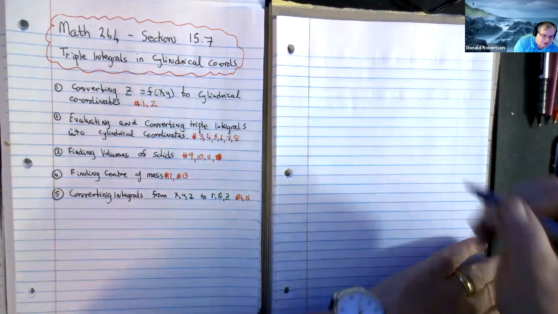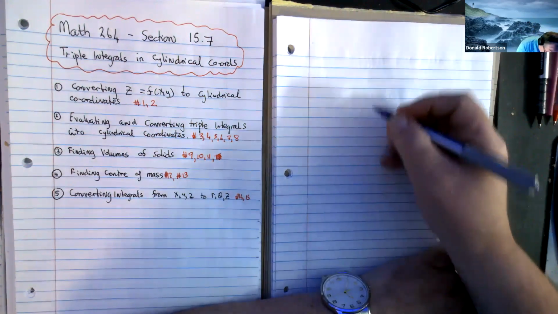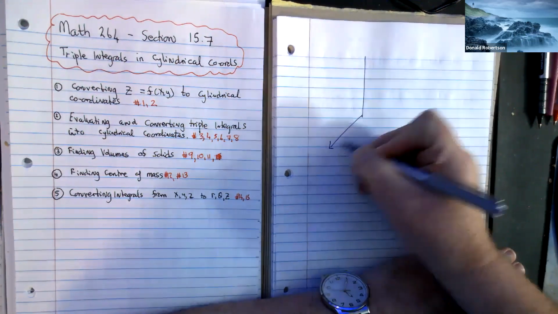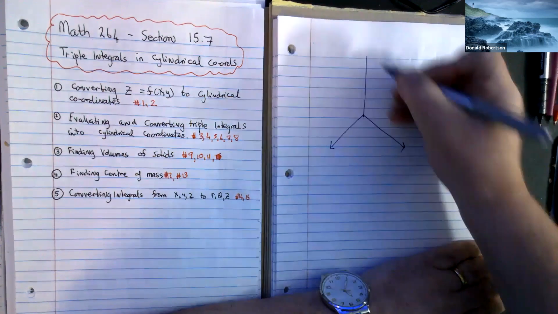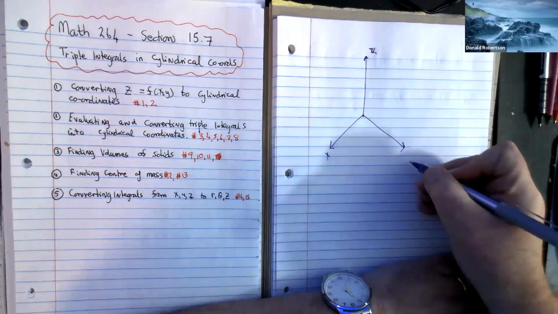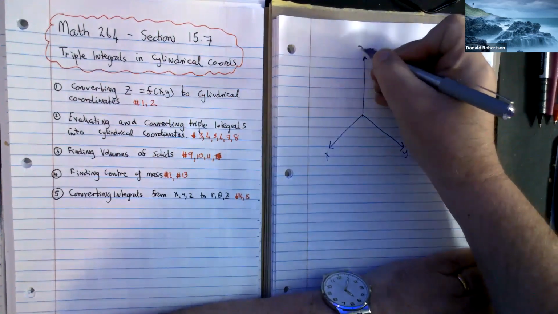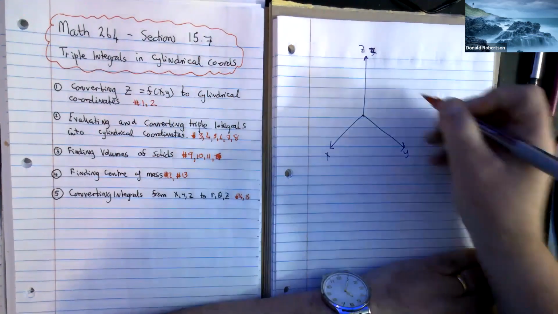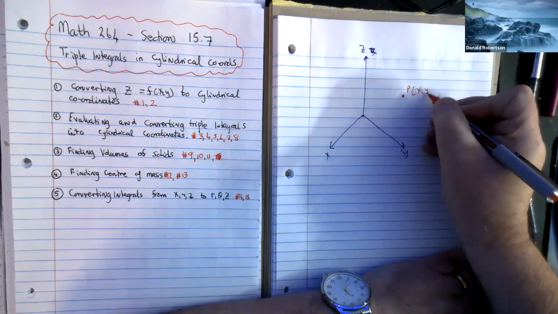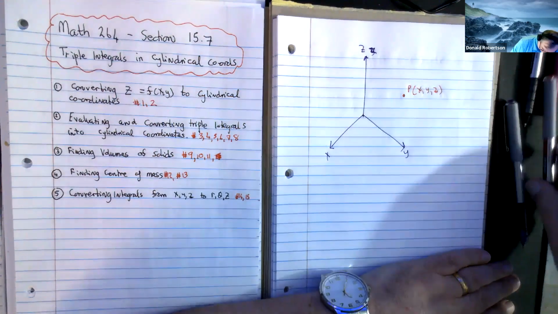So let's start with the coordinate system, the one that we call cylindrical coordinates. What that allows us to do is imagine we've got a point floating in 3D space. Its coordinates would be x, y, z. That's the usual coordinate system.